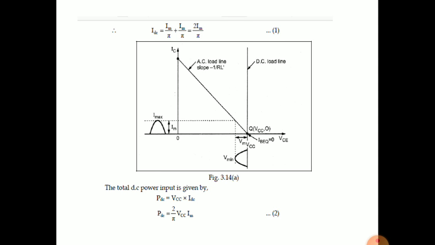In the transformer coupled amplifier, there is a DC collector current, but it cannot pass through the RL because the load resistance is the primary winding, which acts as a short circuit for the DC conditions. But in this class B push-pull amplifier, we have 0 collector current for the DC conditions because the input transformer is itself isolating the DC conditions.